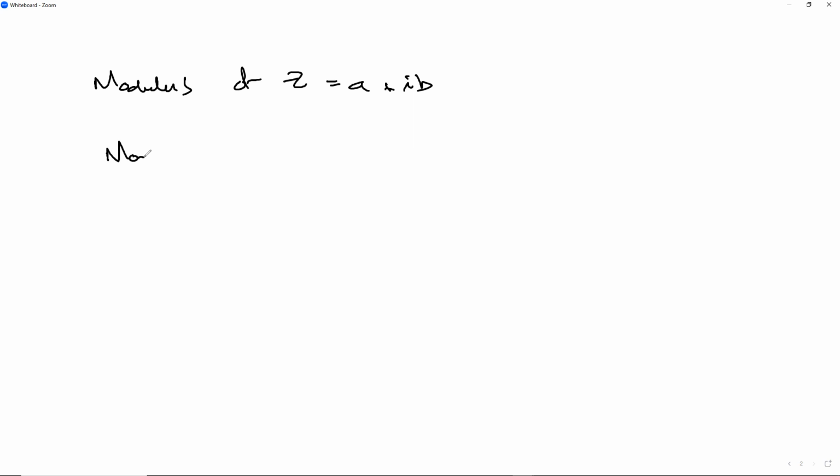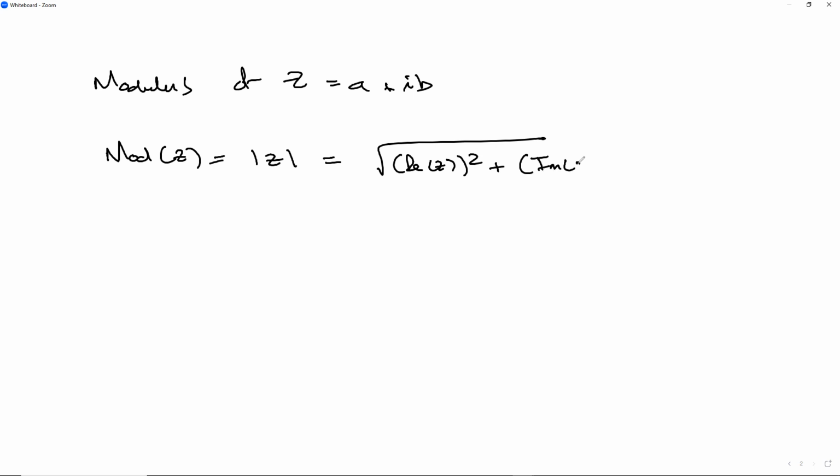We can write it in short as mod z, which is equal to the square root of the real component of z squared plus the imaginary component of z squared, which is basically the square root of a squared plus b squared, because that's the real component and that's the imaginary component. And once we get the modulus of z, we have the magnitude of that particular vector, which then takes us on to the argument.